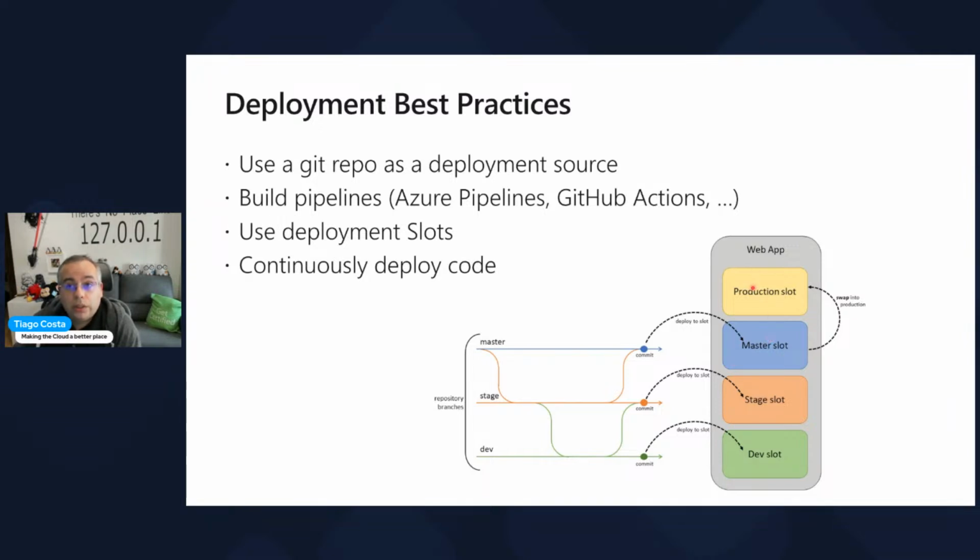And then what you can do in here is test this out, see, okay, everything is good, love it, let me swap with production. When you're doing the swap, there's no downtime.